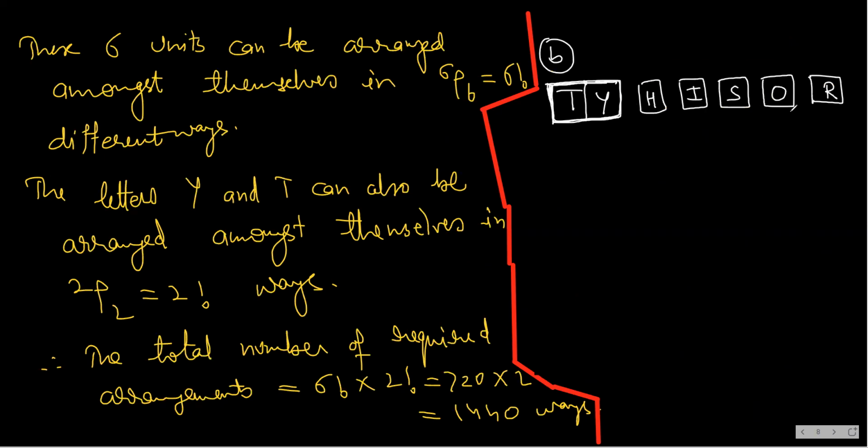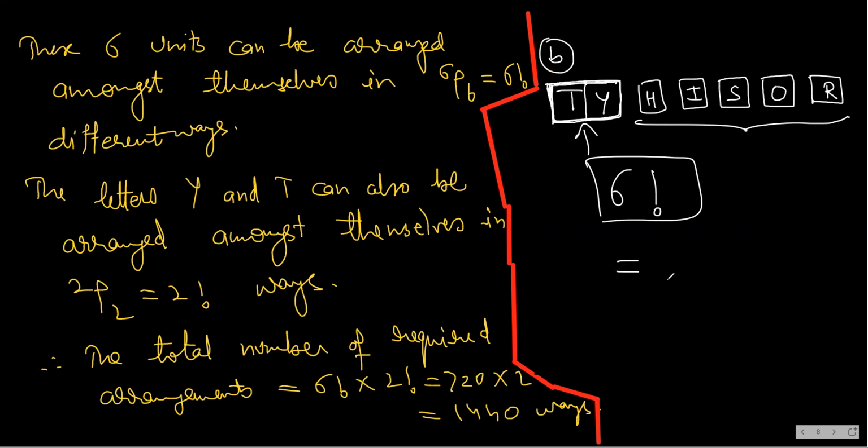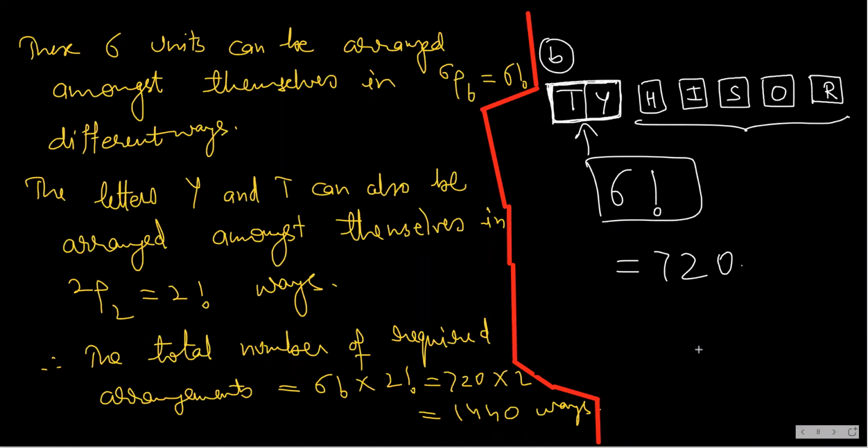So the final answer, 5 here and 1 unit here, so total 6 factorial ways, that is equal to 720. I hope you all followed this. You will write the answer for B on your own.